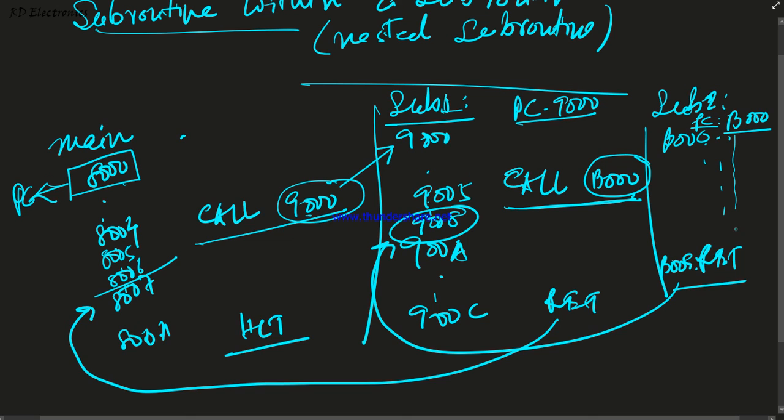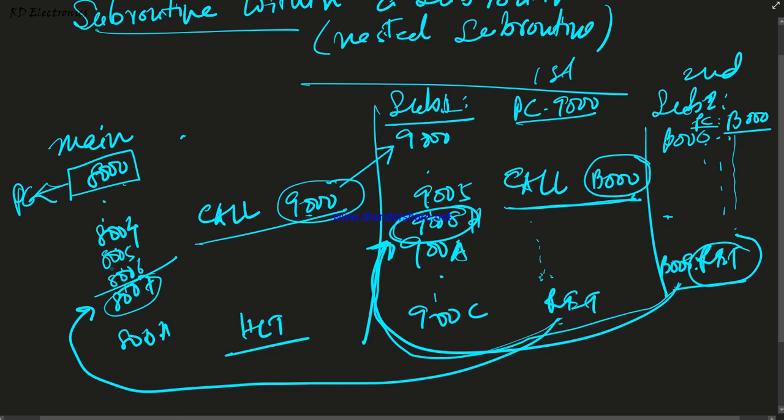It executes this subroutine, and when it gets the return instruction, it first goes back from the second subroutine to the first subroutine. Let us consider this is the first subroutine, this is the second subroutine. So the second subroutine first comes back to the 9008 hex location to execute the first subroutine. After executing some lines of code, it again returns. And what is the return address? The return address is 8007. So these return addresses 9008 and 8007 are all stored in the stack.